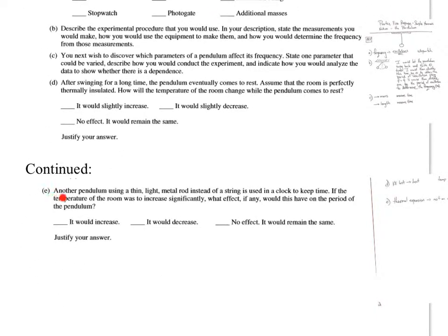And then part E, this is actually not on our AP test. This is from an older version where there were different topics, but another pendulum using a thin light metal rod. So a rigid pendulum, so this is a metal rod, and it's thin and light, but if the temperature of the room was to increase significantly, so what we used to learn in AP Physics is that it's called thermal expansion.